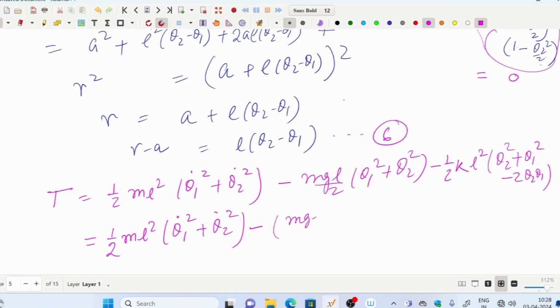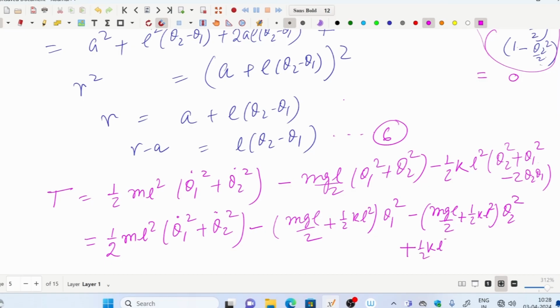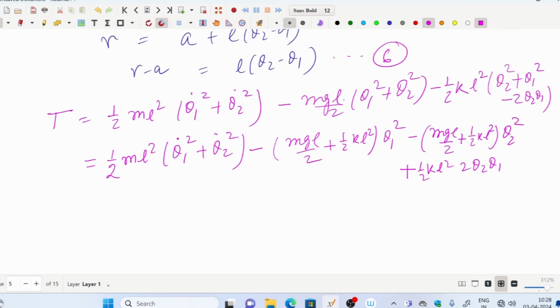So mg L by 2 plus half k L square theta 1 square, minus mg L by 2 plus half k L square theta 2 square, and there is a theta 1 theta 2 term which is with a plus sign, plus half k L square 2 theta 2 theta 1. So this is my full Lagrangian, okay.